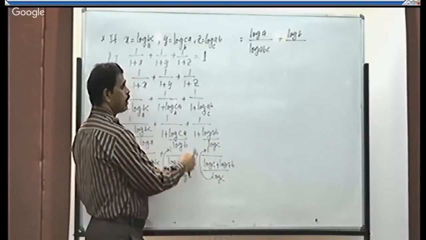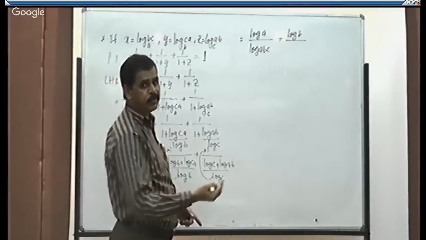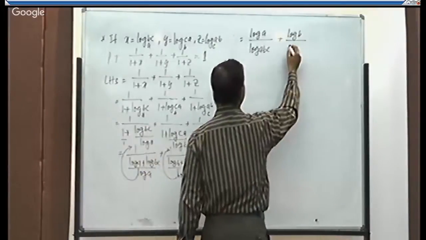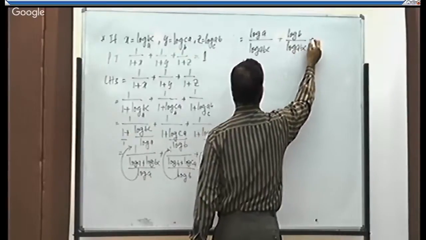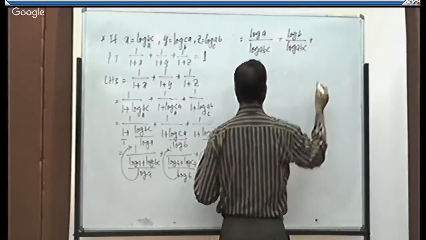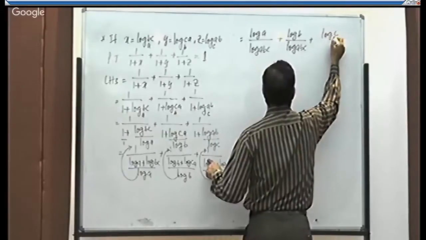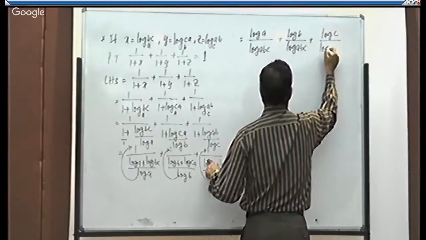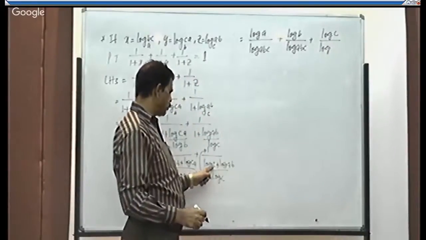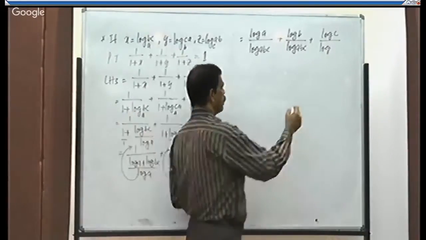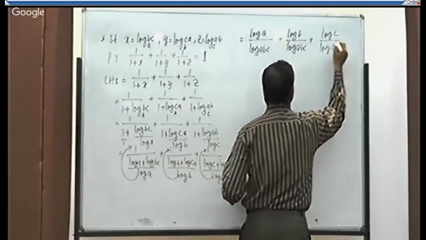B, C, A. Or otherwise you can take it as ABC. ABC, BCA, CBA all are the same, right? Plus the last term, log C goes to numerator divided by, it also becomes log C plus log AB is equal to log C AB. I can take it as ABC.